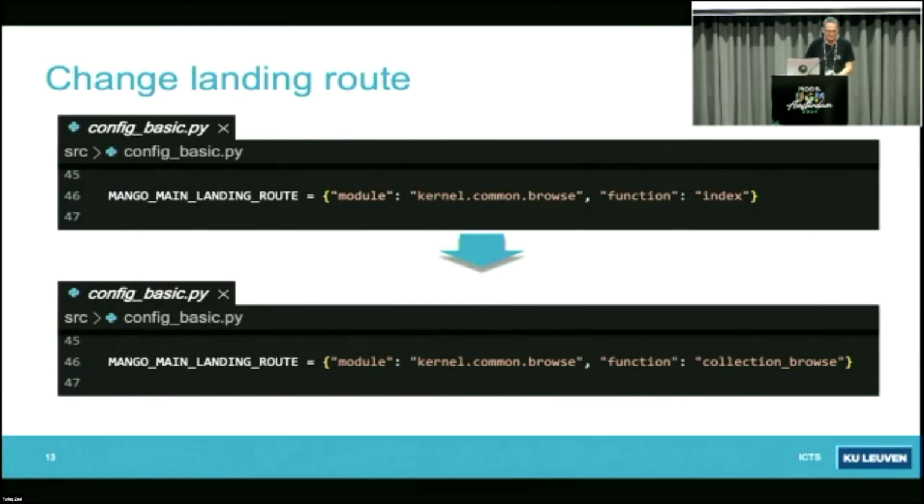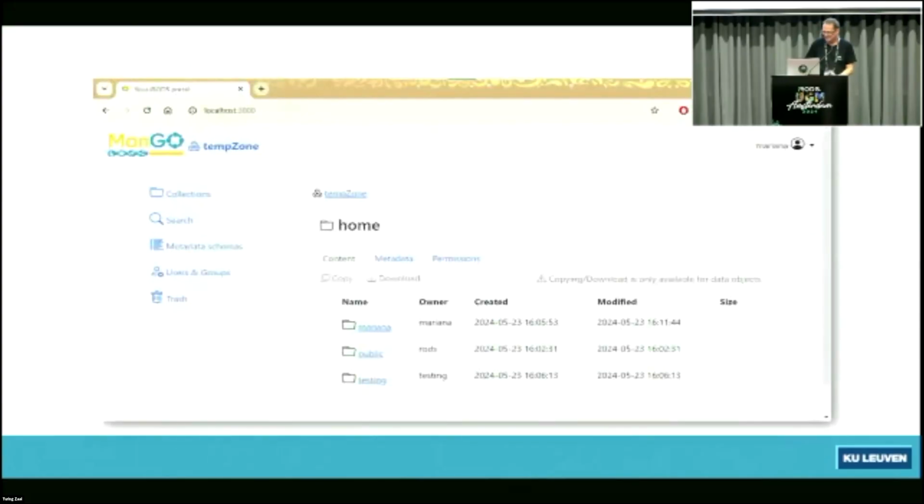Again, it's basically configuration changes. This landing page route is controlled by a dedicated configuration variable, a small dictionary in this case, that just says this module and this function is the one you should use to render it. And the result is then this. You immediately go to your collections and can browse through them. By default, in our installations, it's the home directory of your iRODS installation.